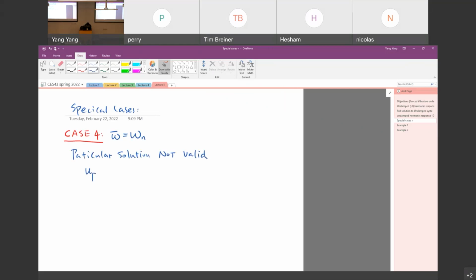In this case, p is equal to... so your response particular. The u should be u_p(t) here.